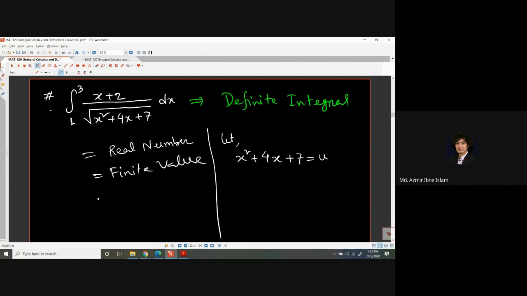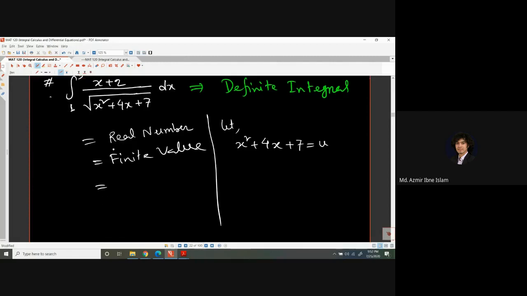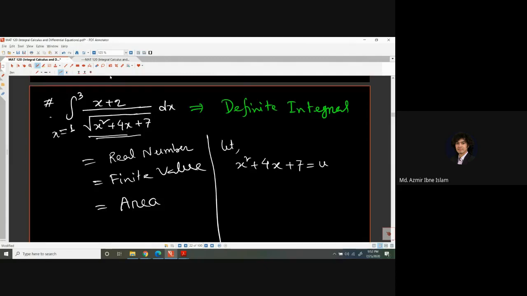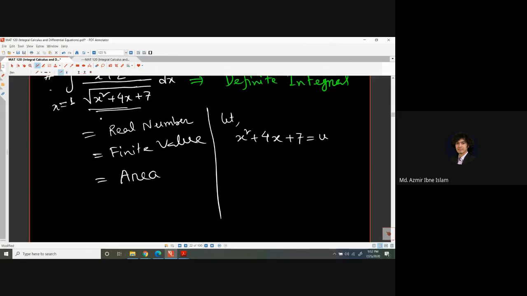Already we have discussed this when we started this video. Or this will be the area under this function from x equal to 1 to x equal to 3. So x equal to 1 is the lower limit and x equal to 3 is the upper limit. So before solving this integral, try to have all these concepts in mind.